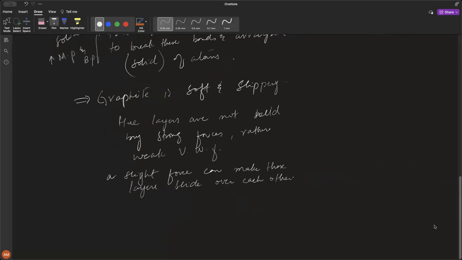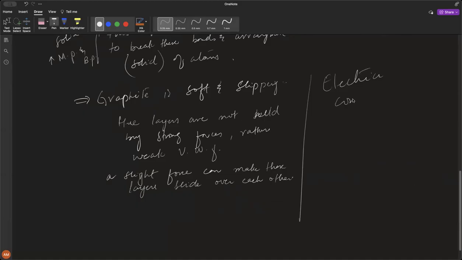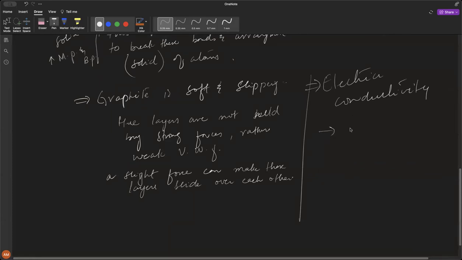And the third and important point, electric conductivity. Very easy, right? Why? Due to delocalized free moving electrons. Delocalized, what does delocalized mean? It means that it has left its place. What was its place?